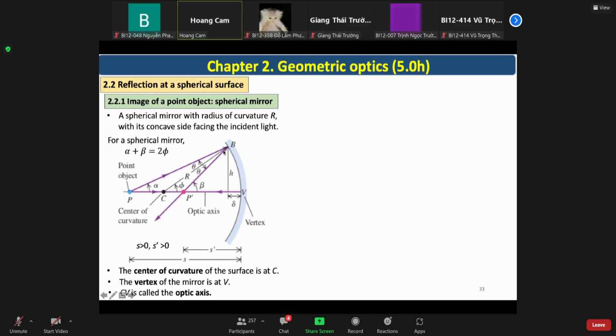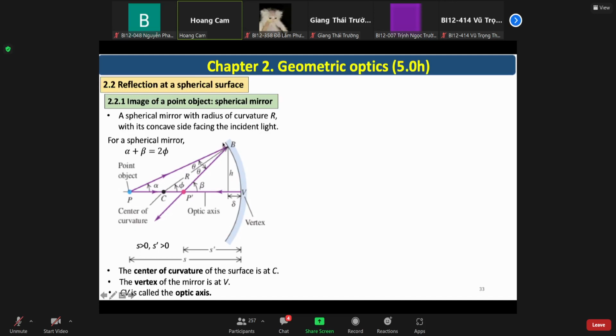The reflected ray will be symmetric to this incident ray. You get this line, and the second reflected ray intersects the first reflected ray at P prime, and then you have the image.